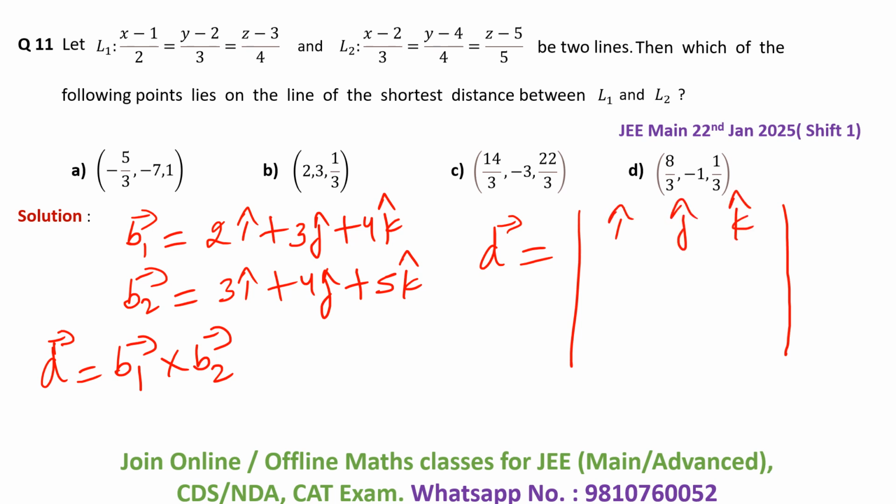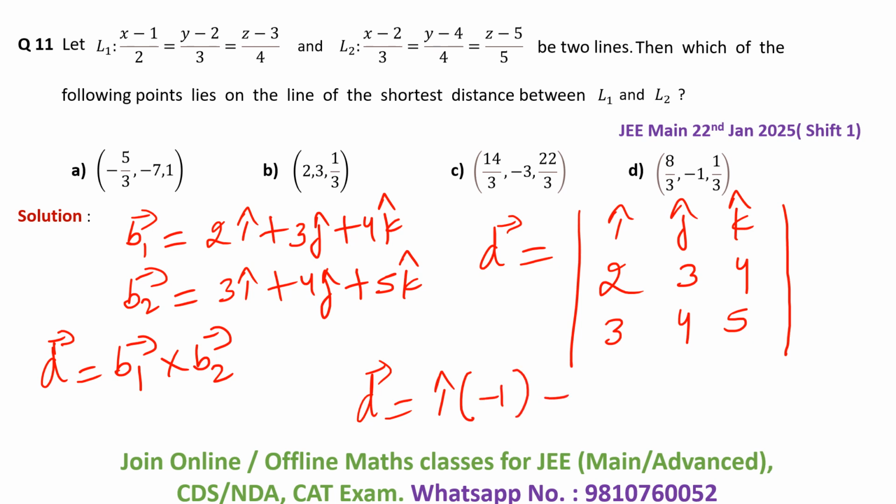The determinant with i, j, k in the first row. In the second row we have 2 3 4, and in the third row we have 3 4 5. Now students, the vector d becomes equal to i into, now this value becomes minus 1 because it is 15 minus 16, minus j into, this becomes minus 2, plus k into, here it becomes minus 1.